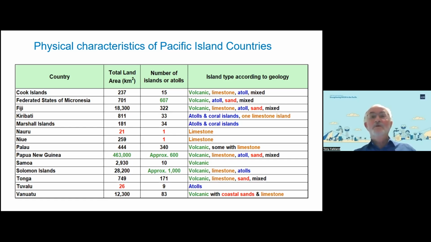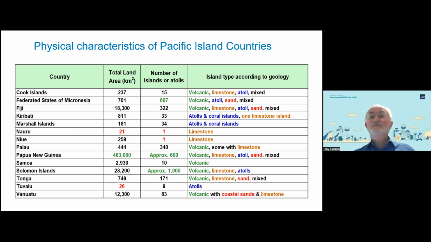In the third column, the number of islands or atolls vary from 1 in the case of Nauru and Niue, up to more than 600 for the Federated States of Micronesia, close to that for Papua New Guinea, and even approximately 1,000 for the Solomons.